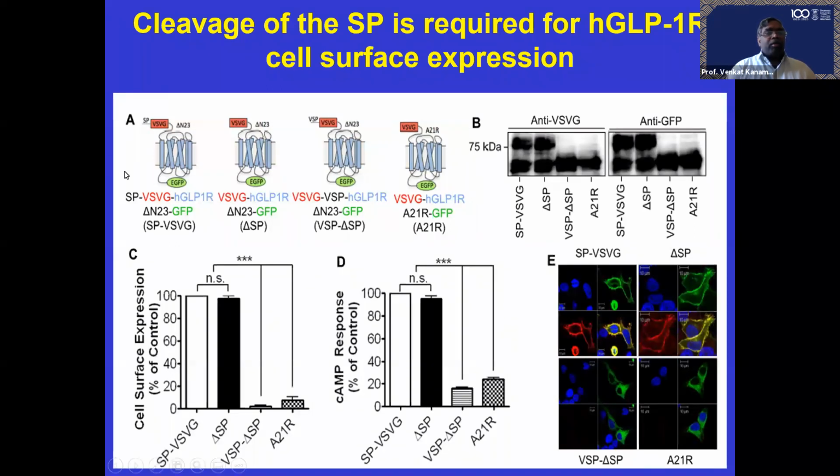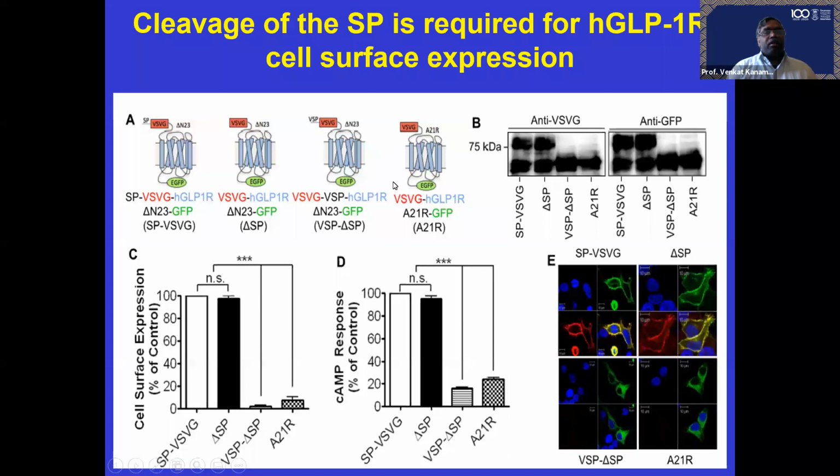It has a signal peptide that needs to be cleaved off for the receptor to target to the membrane. So we assessed the importance of cleaving of the signal peptide by expressing this receptor in HEK cells and studying the localization at the plasma membrane.